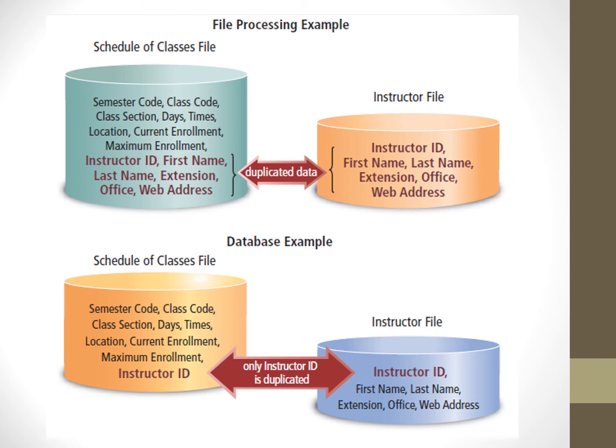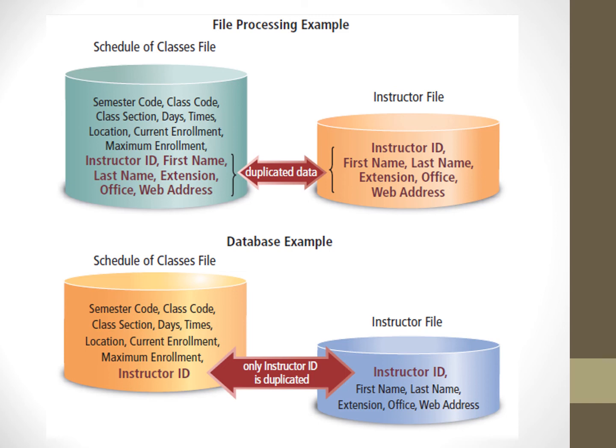Another example is the database. In the database, it's a little bit different already because normally the data are centralized. They are stored in a central database, and all the systems, all the departments access the same data. So let's say, for example, you have a schedule of classes file and your instructor file.